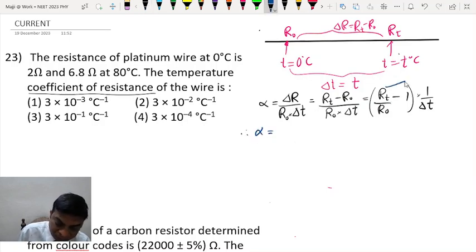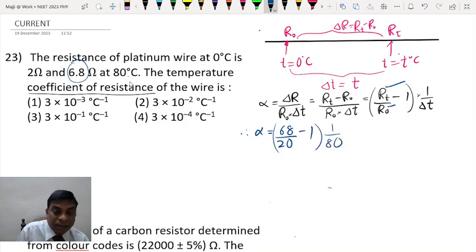Now substituting the values, the new resistance is 6.8 and the initial resistance is 2. I have multiplied and divided by 10 to remove the decimal, so it is (68 upon 20) minus 1, upon the change in temperature, 0 to 80, that is 80 degrees Celsius.